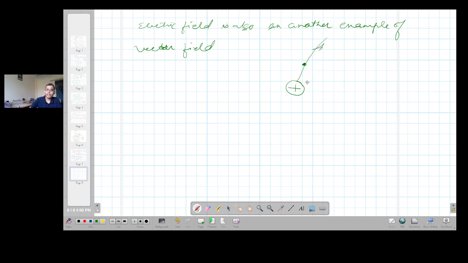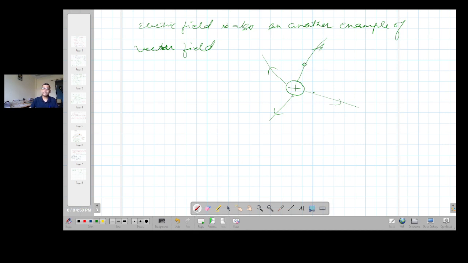So everywhere in the neighborhood of this positive charge, if I bring a unit positive charge, it moves in this way, it moves in this way. That means the electric field intensity at every point will be different in different directions, right? So this electric field I am talking about is an example of a vector field.